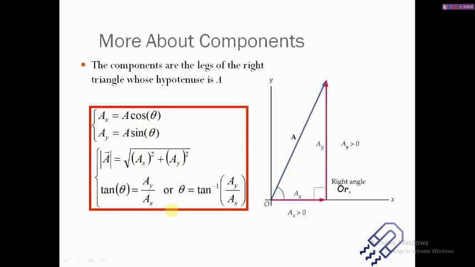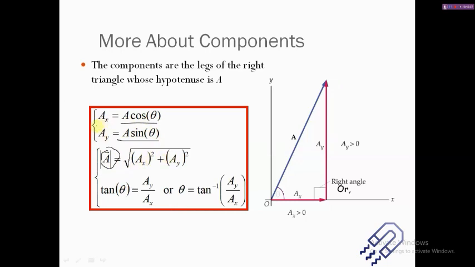Now suppose I am not aware of theta, I just know what A is. Can I find out the angle theta? If I want to find the magnitude, I have to take the root of ax square plus ay square.